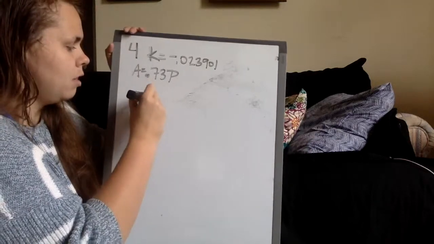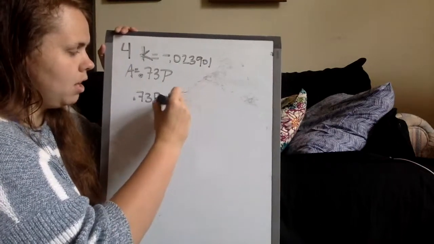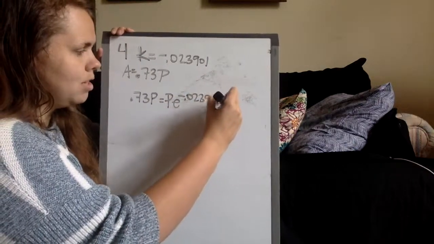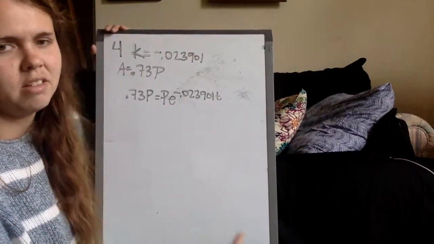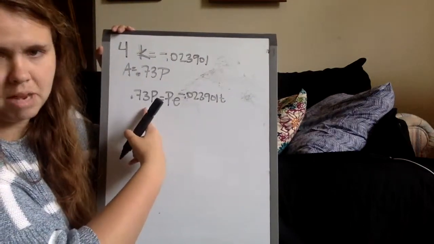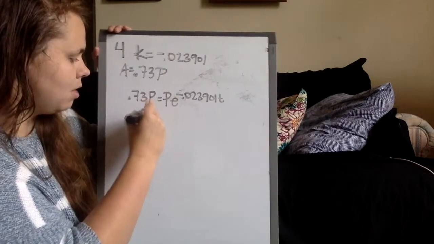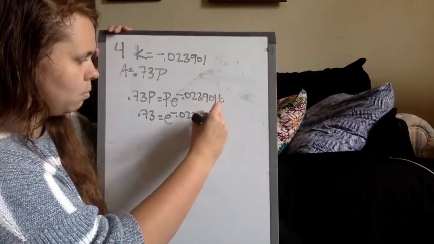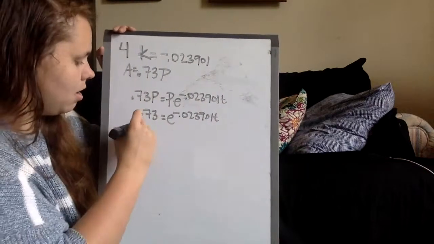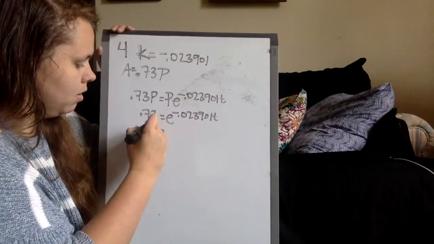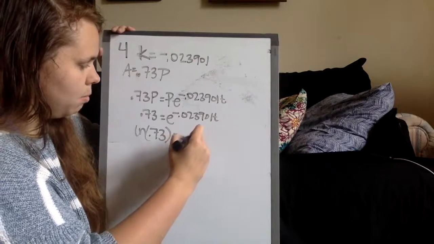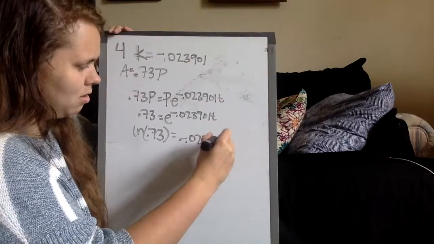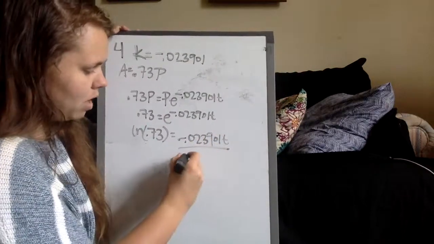So we have 0.73p equals p times e to the negative 0.023901t, because we're looking for the time it takes to get to 73% of the original amount. So we get 0.73 equals e to the negative 0.023901t. We rewrite it as the ln of 0.73 equals negative 0.023901t, and then we divide both sides by that amount.